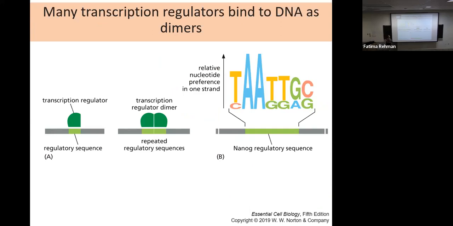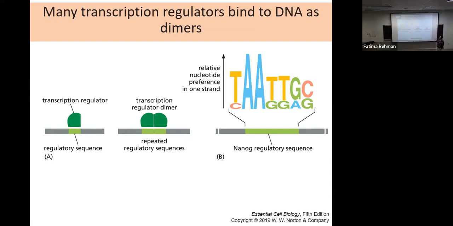So most of these regulators bind and are activated as dimers. They need to be together to be at full functionality. If you have just a single regulatory sequence, you will have one of those protein molecules bound to that sequence where it has that homeodomain for that sequence.